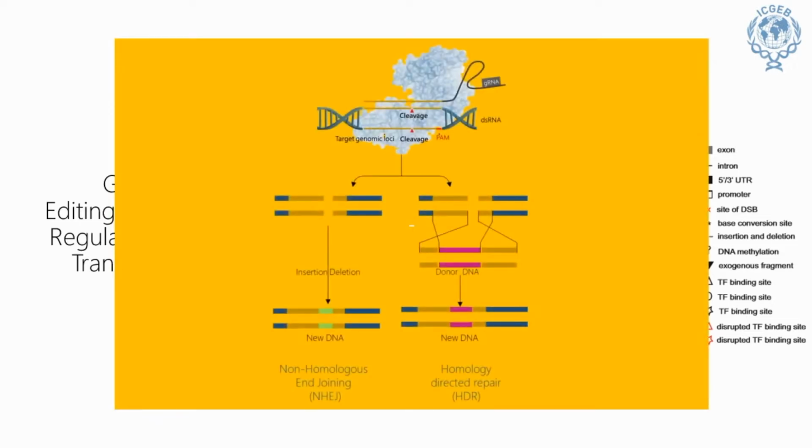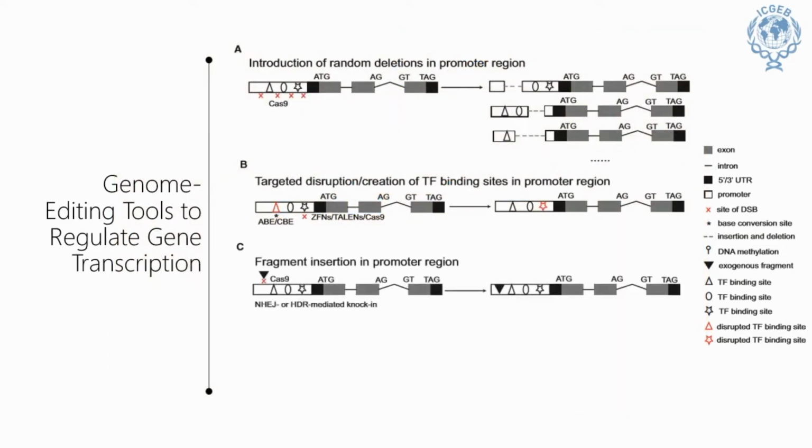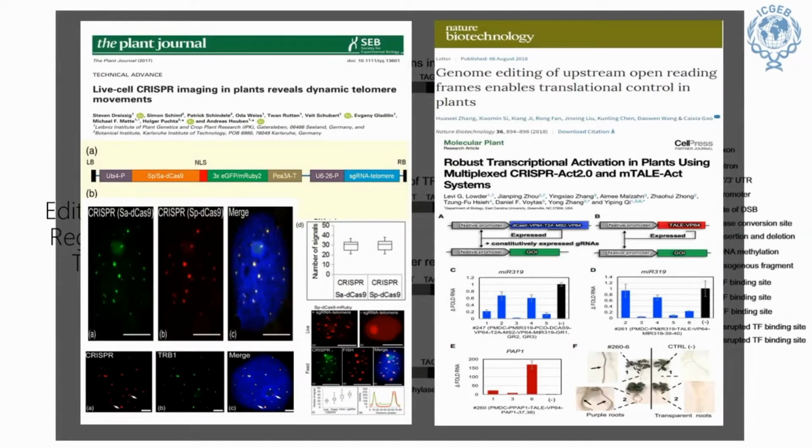Further, non-homologous end joining or homology donor repair mediated fragment insertions in promoter regions also influences expressions. Moreover, changing of DNA methylation levels in promoter region via employing epigenome editing tools that may activate or repress gene transcription are also in the process.